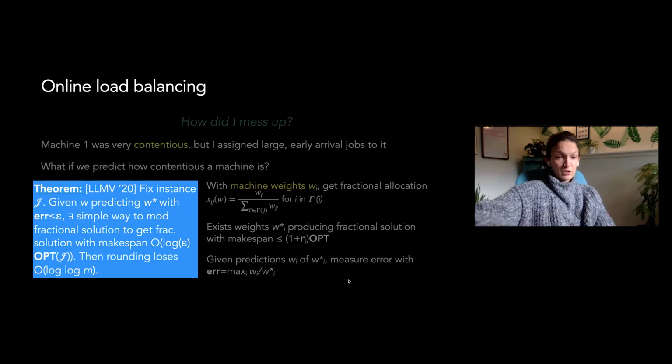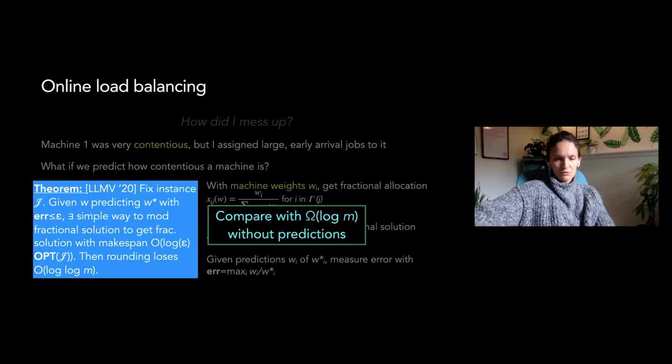Now instead, what we're saying is if you can get a prediction W of these weights W star, the good fractional assignment, then there's a little bit of wiggling you can do with your prediction so that you can round to an integral solution that has makespan at most log epsilon times log m times the optimum. So when log epsilon is a lot less than log m, you're making huge wins in your competitive ratio. And I think that's what I want to say on online load balancing for now. I don't see any questions coming up, so I'll move on.